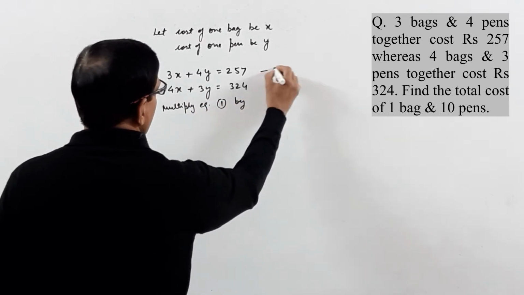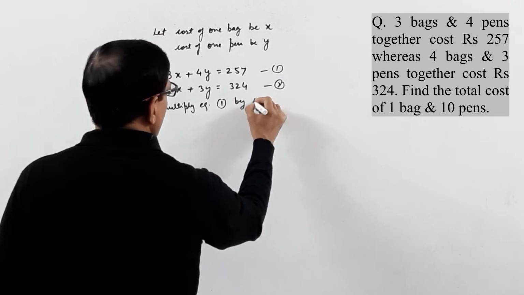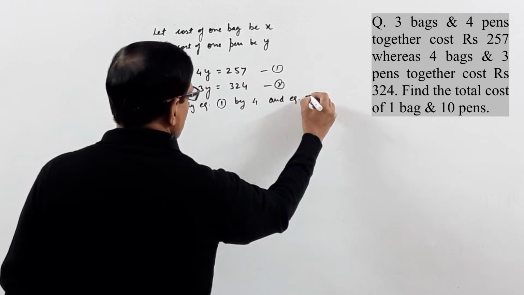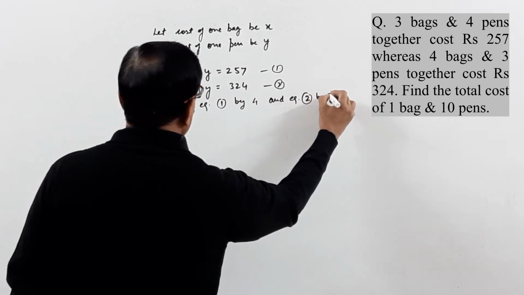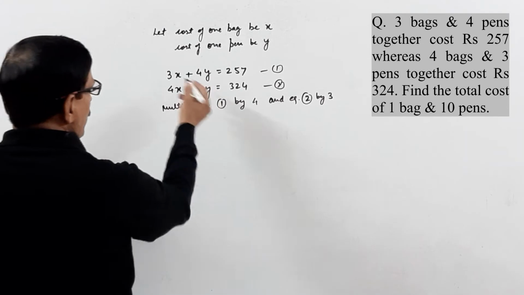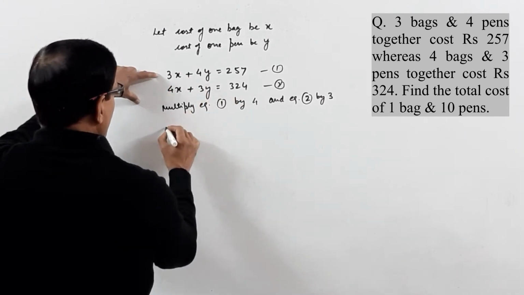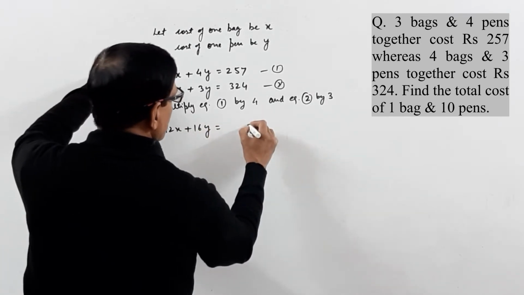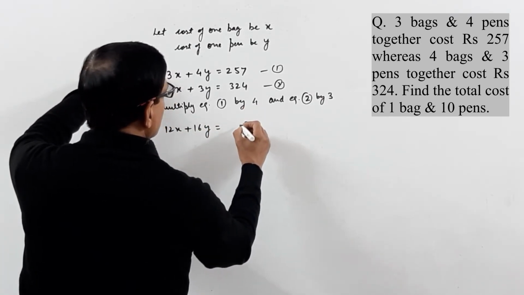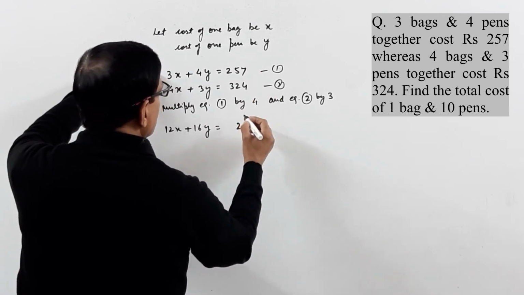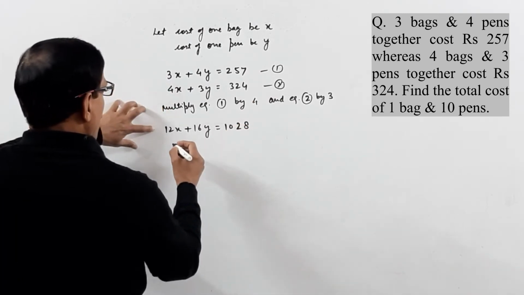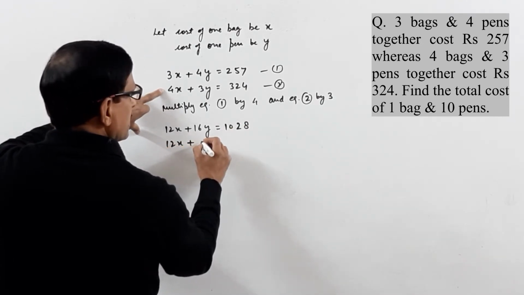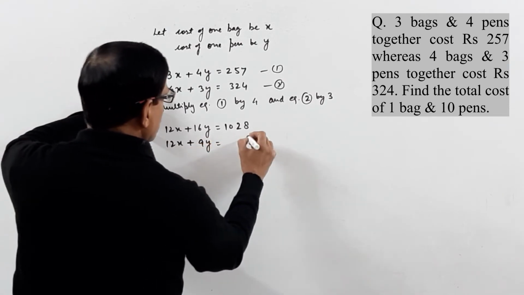So the first equation becomes 12x + 16y, and the second equation becomes 12x + 9y.